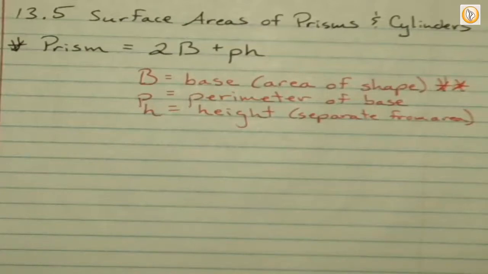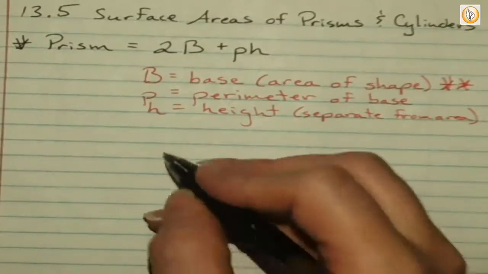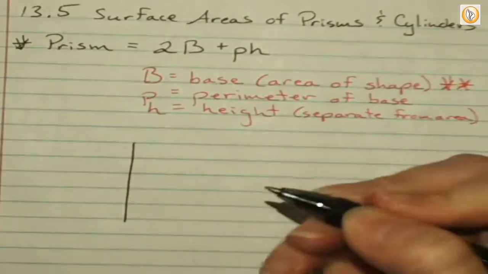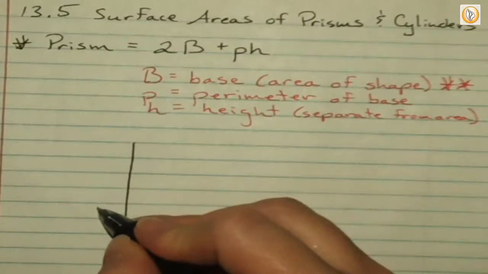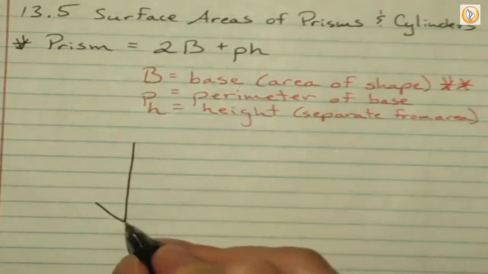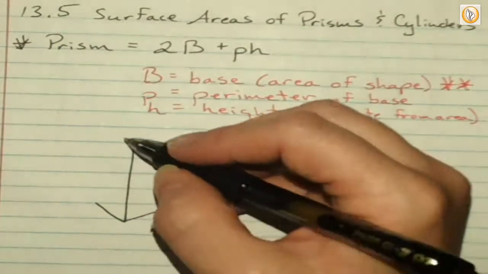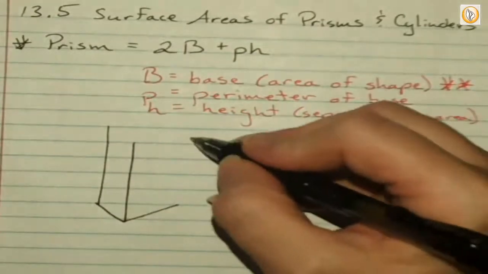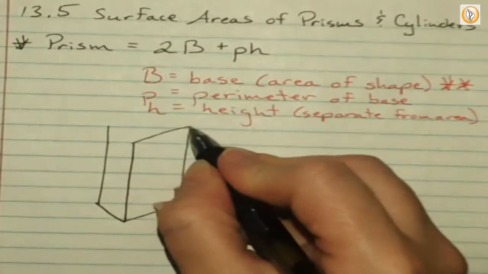Okay. Now I'm going to attempt to draw. We're in 13.5. Just a rectangle prism. Whoops.